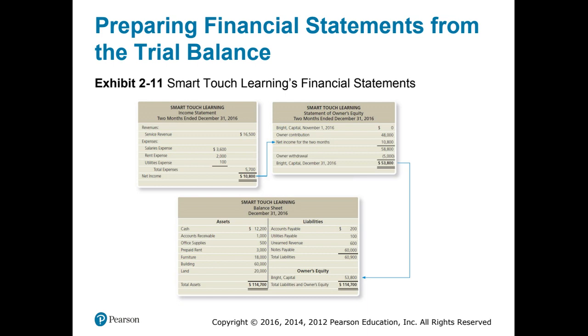Service revenue. Yes, both of you are correct. Revenues and expenses: service revenue is on there, salaries expense, rent expense, utilities expense. So our income statement shows all of our revenues and all of our expenses, and we see examples of those accounts here.